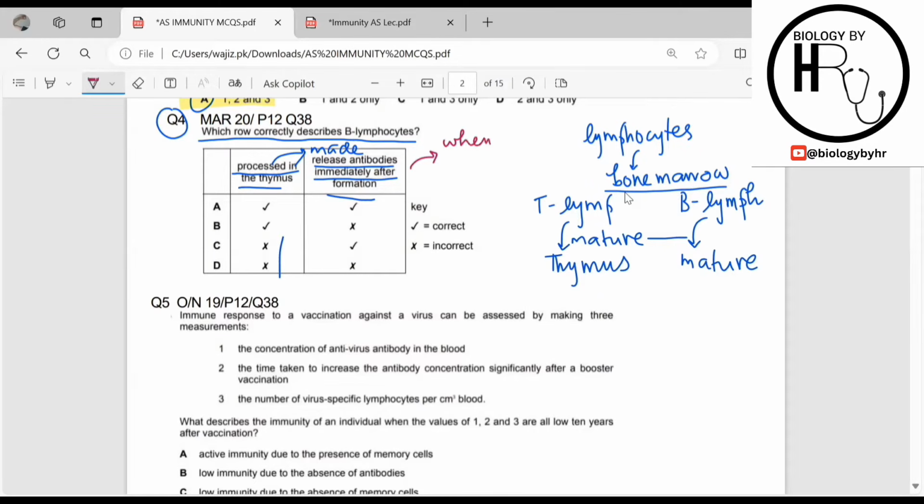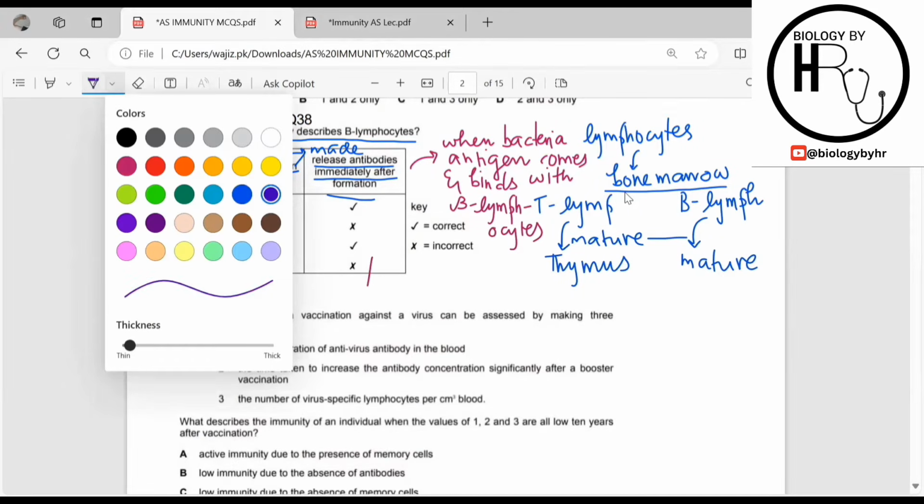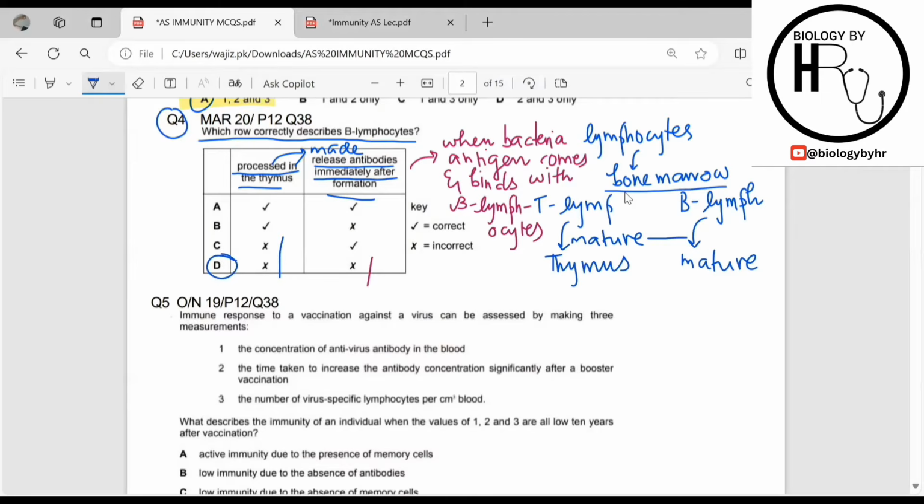When a bacteria antigen or any pathogen's antigen comes and binds with the B lymphocyte, then only it is going to release the antibodies. So hence our answer for this question is option D.